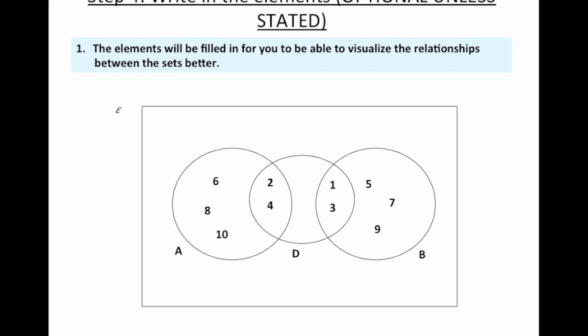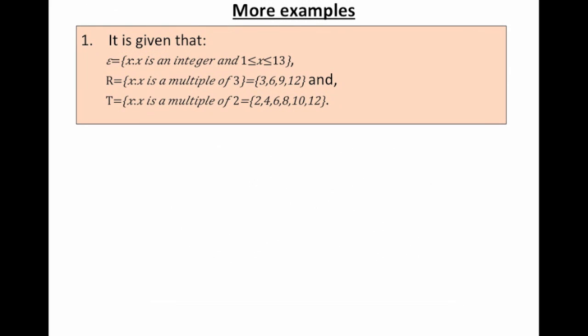Next, we will take a look at another example. In this example, the universal set is a set of all integers between 1 to 13 inclusively. Set R consists of multiples of 3 within the universal set. In other words, it contains the elements 3, 6, 9, and 12. Set T, on the other hand, is the set of elements that are multiples of 2. In this case, set T consists of 2, 4, 6, 8, 10, and 12.